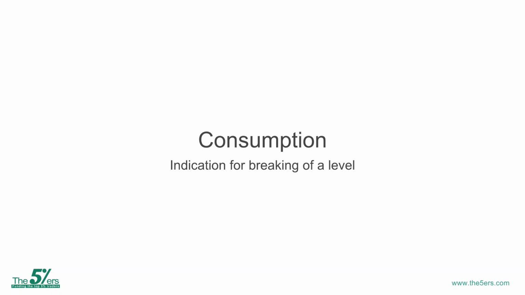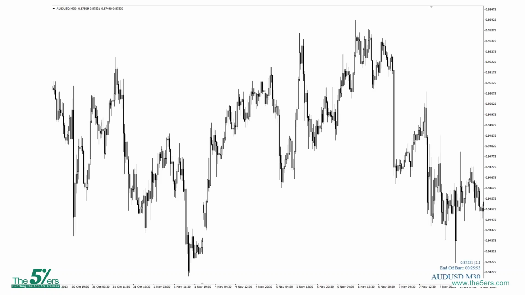So we have a rule of thumb saying that after the first visit to the zone, we are going to question the level. It will not work forever. It can work once, it can work twice, it can work 3 or 5 or even 10 times. But the only thing that we are sure of is that the fewer visits price made to that level or zone, the more risk we are willing to take.